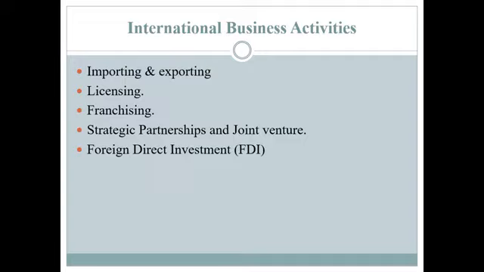bakeries or biscuit companies. What they do is offer franchising to some of the local bakeries or local companies who produce biscuits on their behalf.